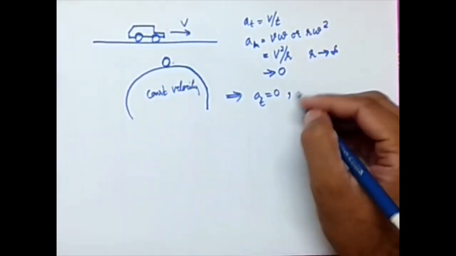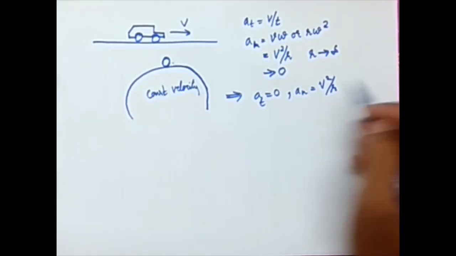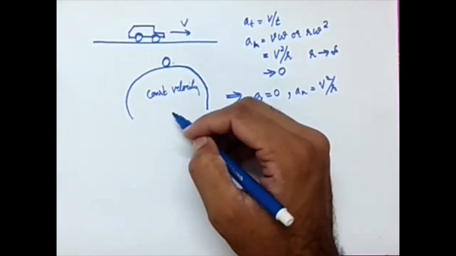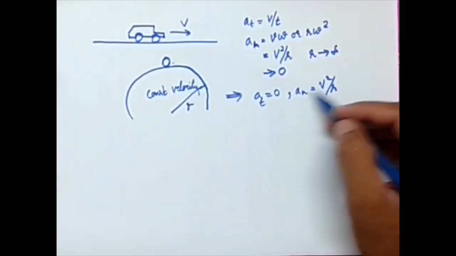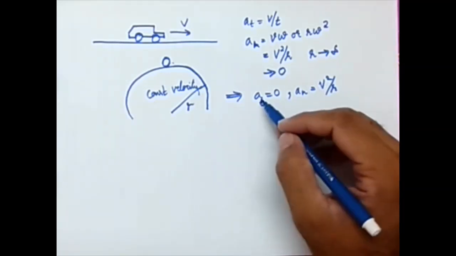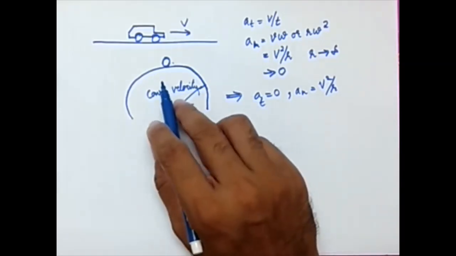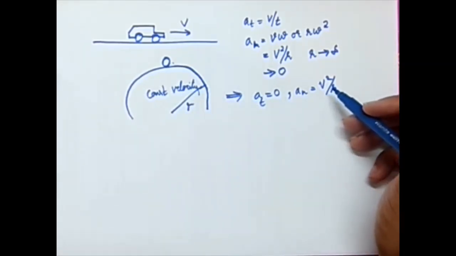But what about an? An is given by v square by r. If it is a curved or circular path, it's going to have some radius, let the radius value be r. Then we will have a value of an but no value for at. So there is no tangential acceleration in this case, but it has normal acceleration.